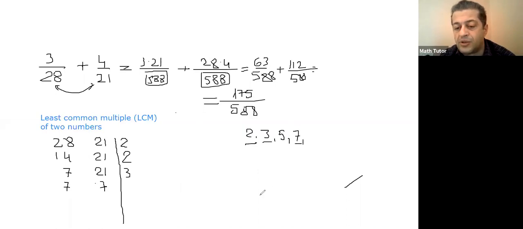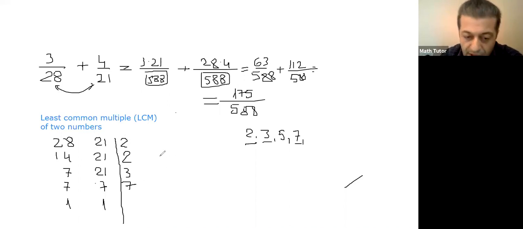So we use the number 7 here, and we divide both numbers by 7, and the result is 1, 1. When the result is 1 for the two numbers that we have here, we stop the method, stop dividing, and write the divisors here.